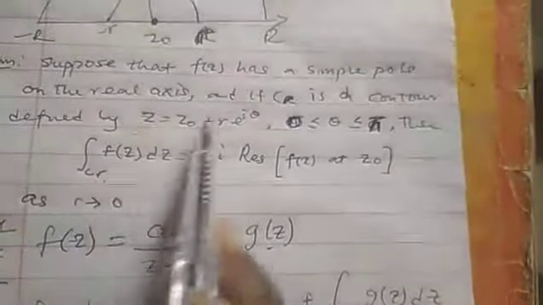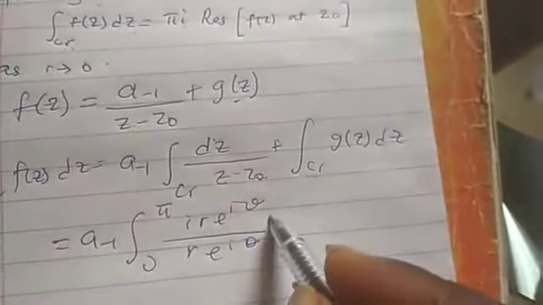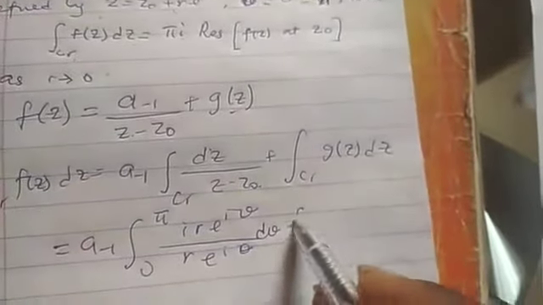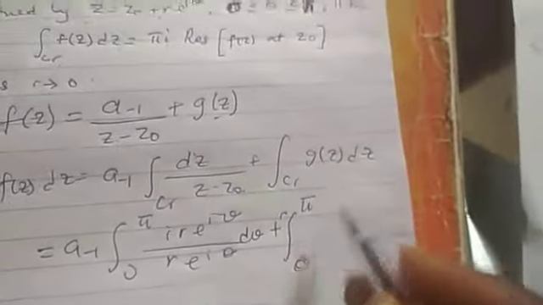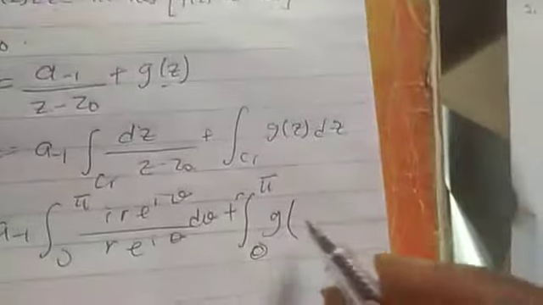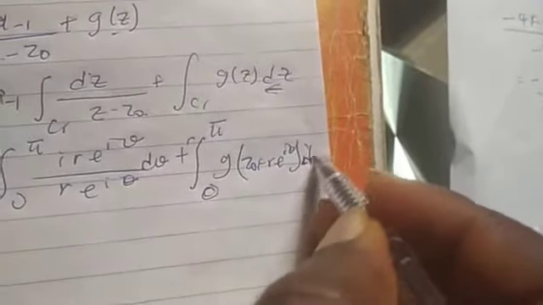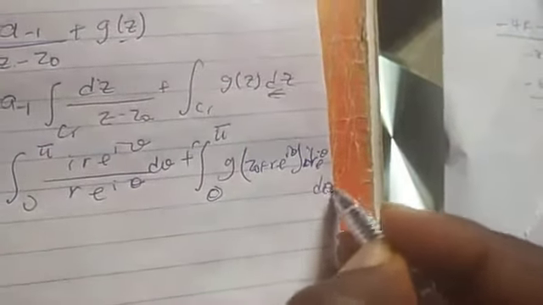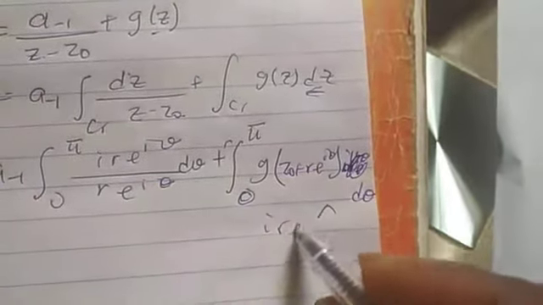If you bring z naught here, it will be R exponential I theta d theta, plus, this is also 0 to pi, g of z, these are z naught plus R exponential I theta d theta. Okay, our dz is I R exponential I theta d theta. Sorry, this is what should be there, I R exponential I theta d theta.